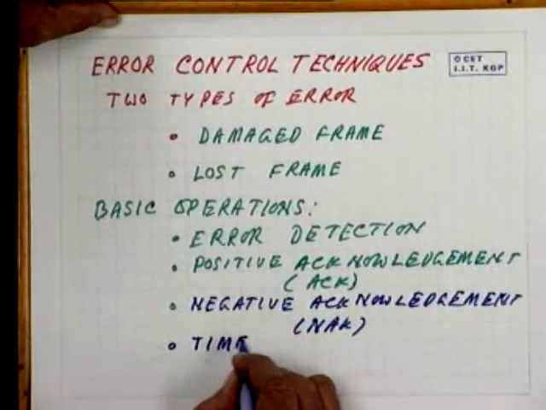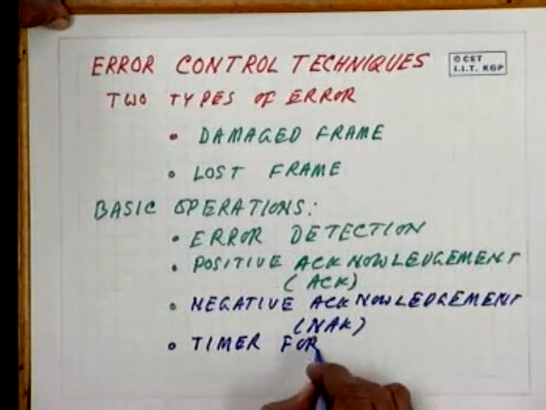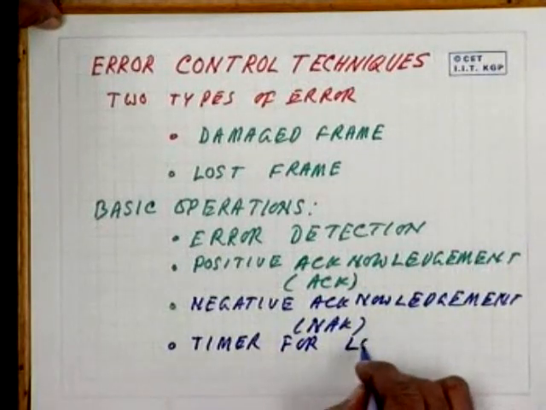In such a situation, the transmitter starts a timer, waits for some predetermined duration, then retransmits the frame. That means a timer is used, a timer for lost frame.